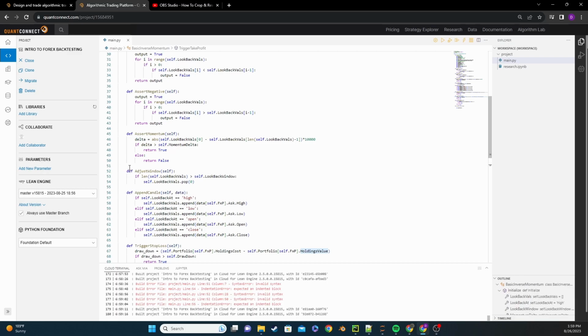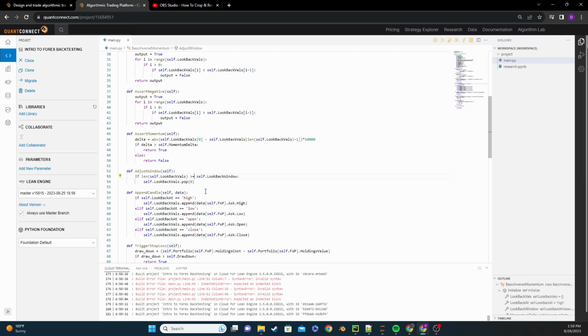Perfect. So what we're doing with this adjust window is getting the length of our look back values. If the length of our look back values is greater than or equal to the look back window, and ideally it should just be equal to, if it's 10, then we're going to clean it.